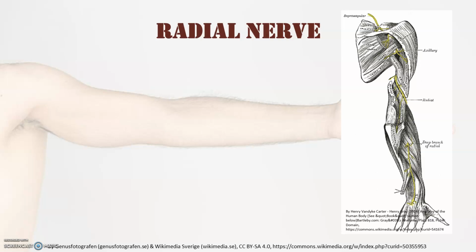The motor branch winds around the neck of the radius to enter the dorsal compartment, and then runs between the deep and superficial extensor muscles of the forearm, supplying these, and ends at the wrist, supplying some sensation to the wrist and the back of the forearm as well.